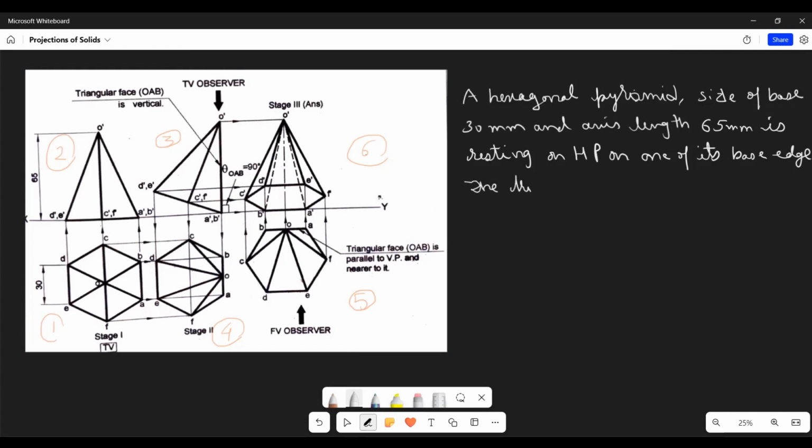The triangular face, which triangular face?